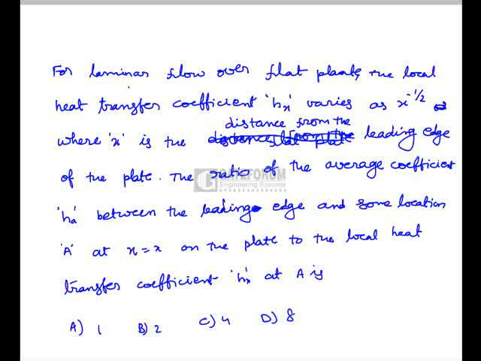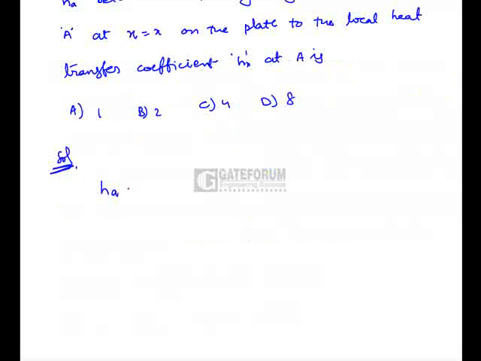generally the average heat transfer coefficient is given by 1 by x integral from 0 to x of x power of minus 1 by 2 dx. So this is the representation of the average heat transfer coefficient. Since here we will have to find out the ratio of the average coefficient between the leading edge and some location A at x is equal to x.